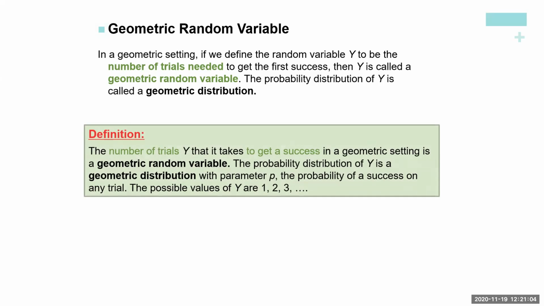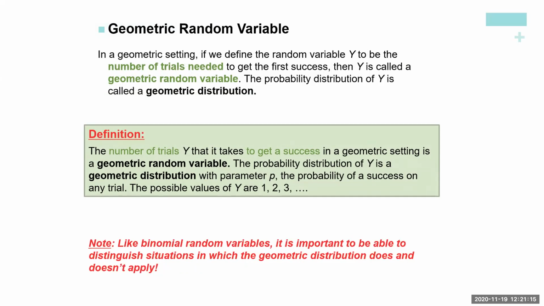And the probability distribution of y is a geometric distribution with parameter p, the probability of success on any trial, and the possible values of y are 1, 2, etc. So note, like binomial random variables, it is important to be able to distinguish situations in which the geometric distribution does and doesn't apply.